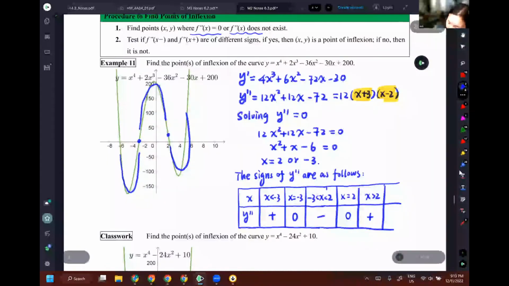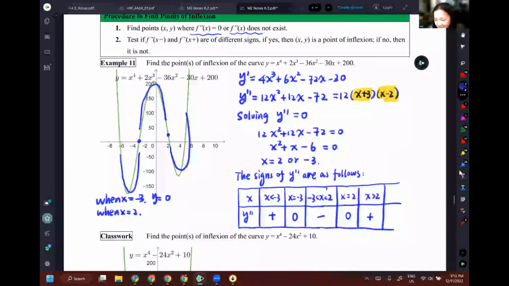So my final step, when x equals negative 3, y equals 0, I think. I didn't do it, but from the graph, I think it's 0. Anyway, when x equals 2, I need to calculate.